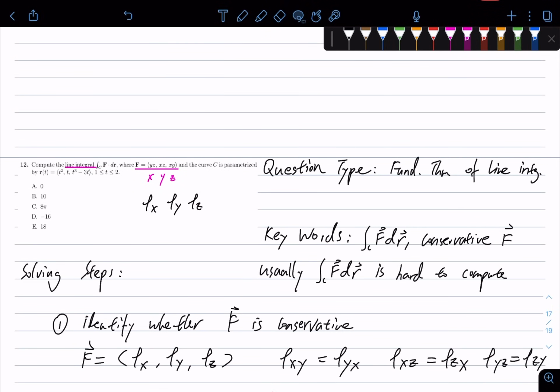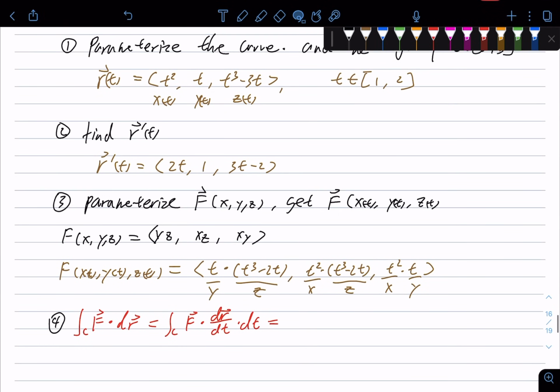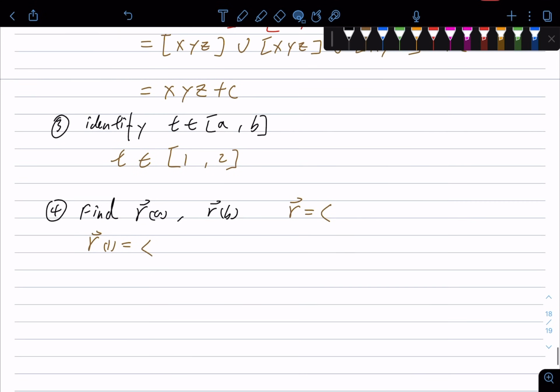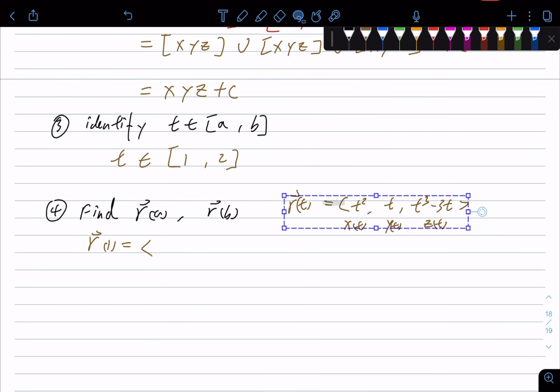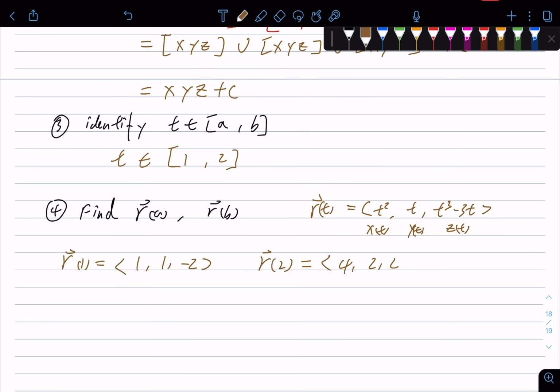I'm just going to copy it from here. r of t equals this. So r of 1 is just going to equal 1, 1, -2. r of 2 is going to equal 4, 2, 2.